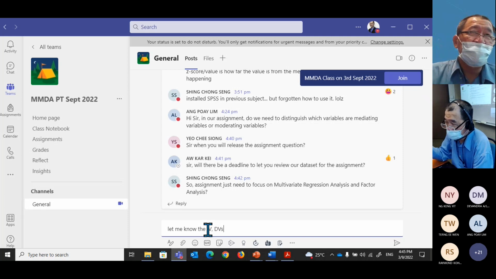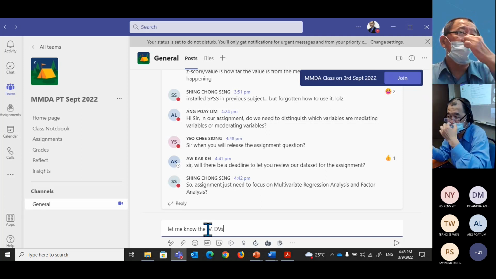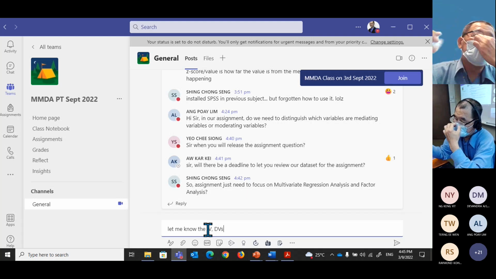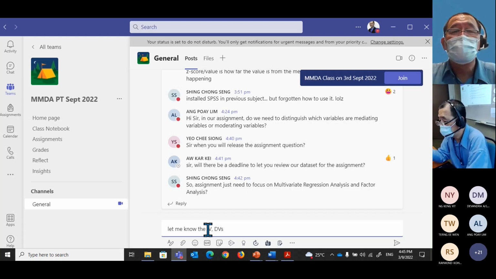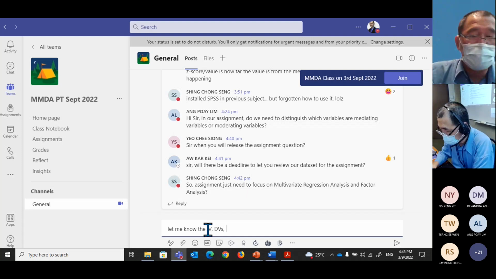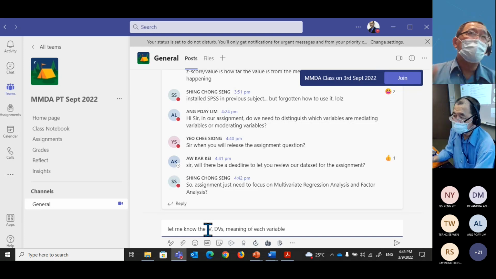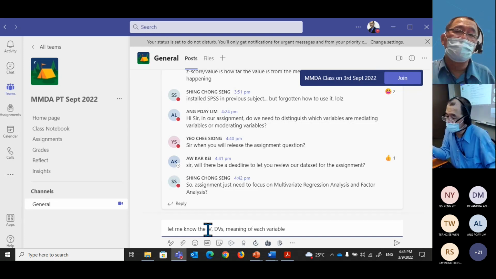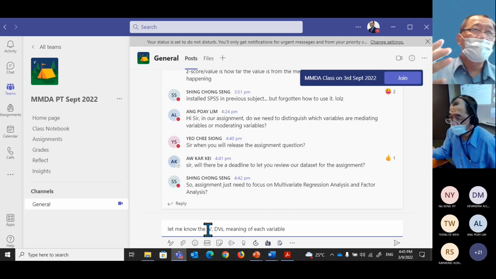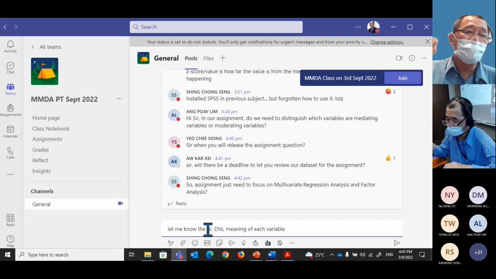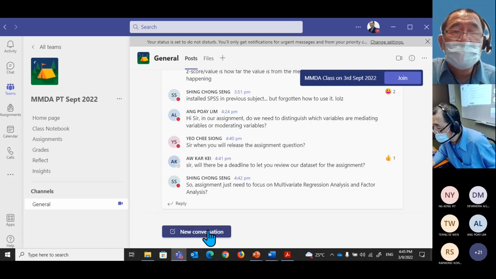It must mention, for example, x1 can be the income, x2 can be the purchase. You must let me know the meaning of each variable. If the variable is age, I know already. Otherwise, you must let me know, so it will be easier for me to comment.